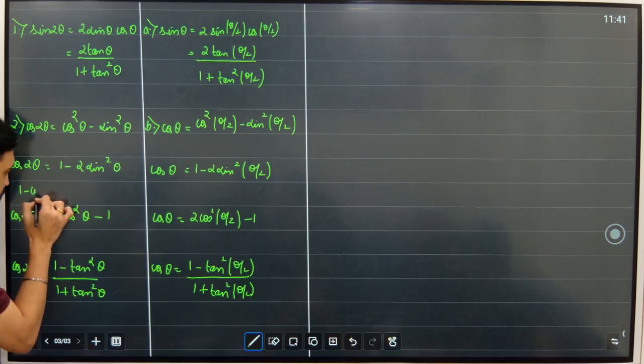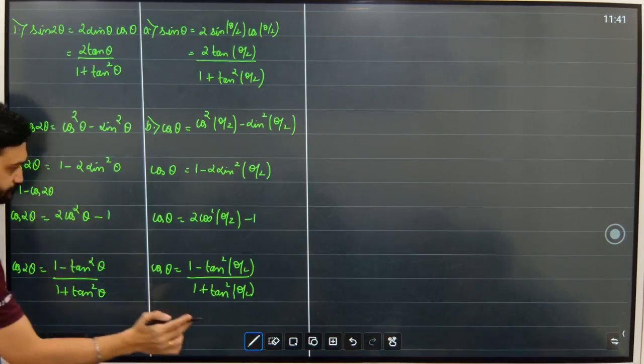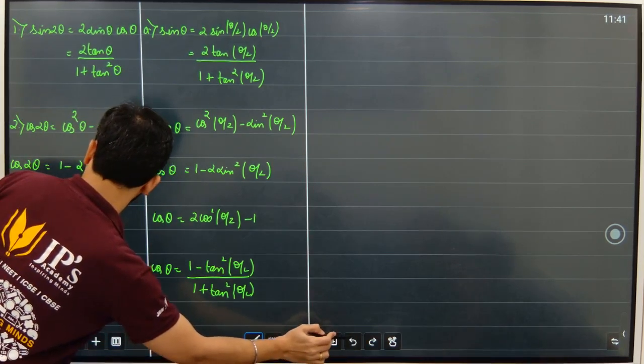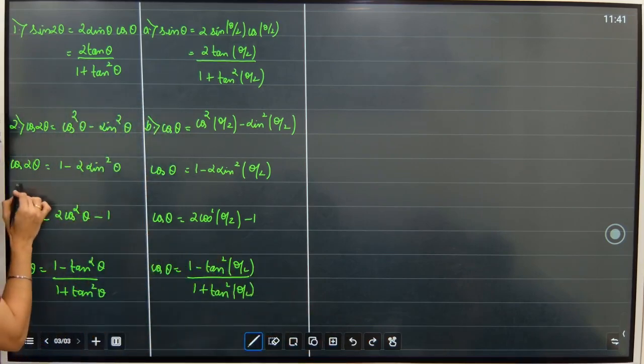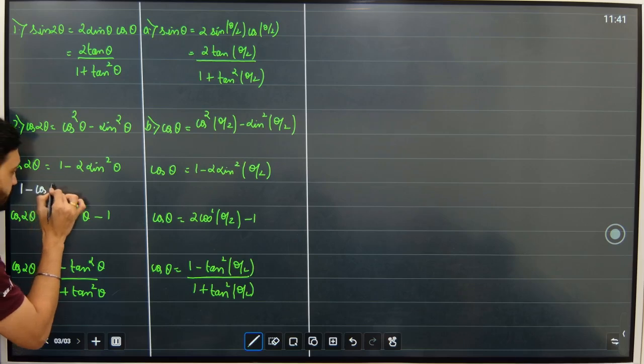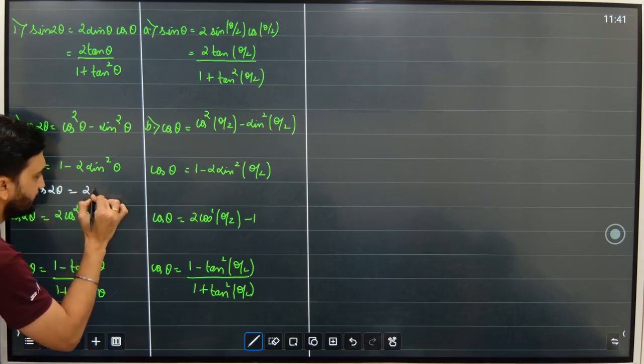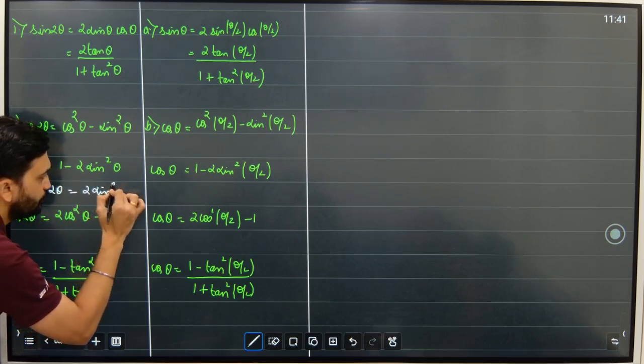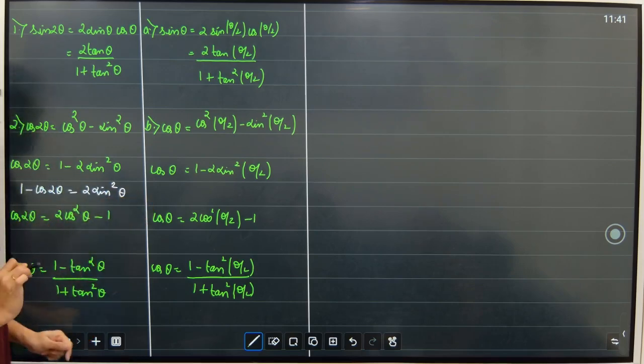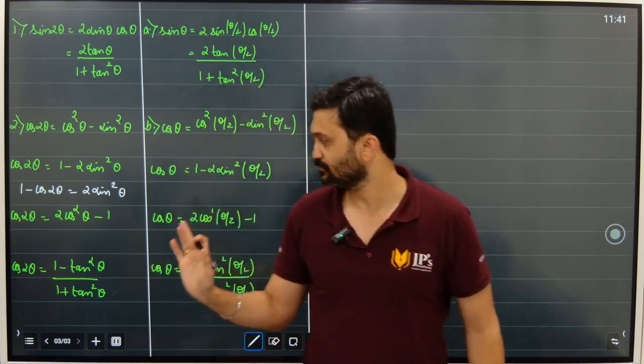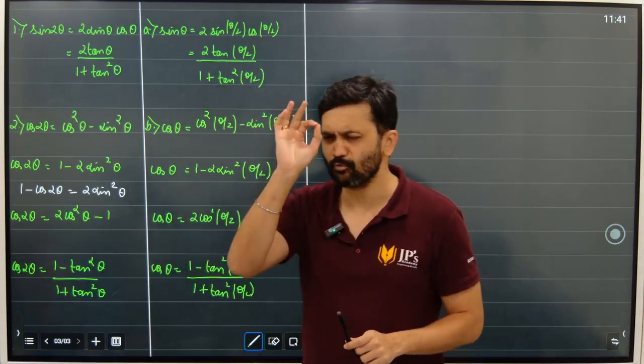1 minus cos 2 theta is 2 sin square theta. I did nothing else.